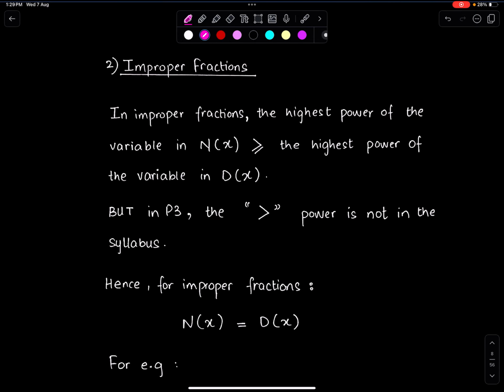Improper fractions. Well, in improper fractions, the highest power of the variable in numerator is either greater than or equal to the highest power of variable in denominator. But in P3, the greater power is not in this syllabus.